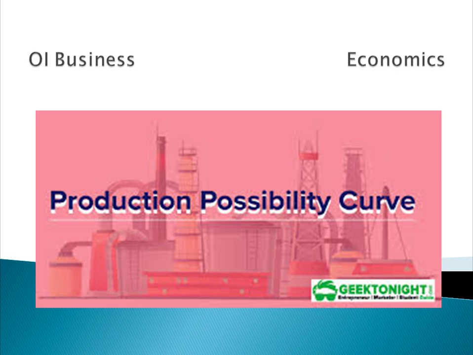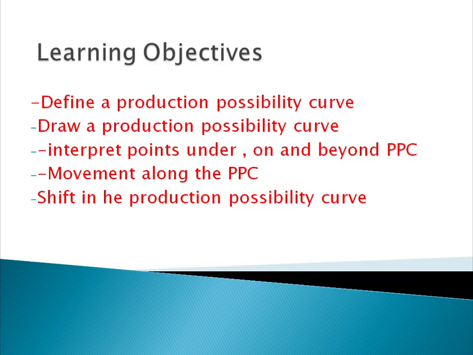So, the production possibility curve. What are the learning objectives of this topic? First, we will define a production possibility curve, then we will learn how to draw it and how to interpret the points under, on, and beyond the production possibility curve. We have already explained this in detail in your classroom, and you have done all the work in your notebooks.